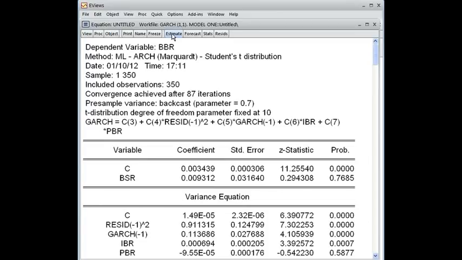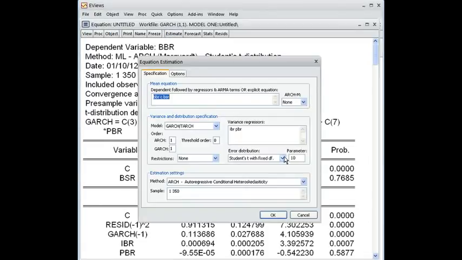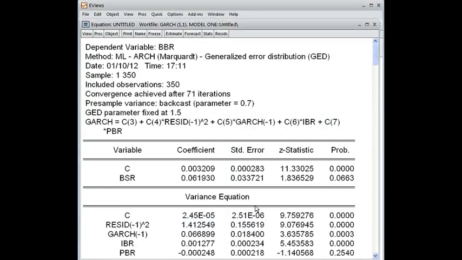Sorry, I made a mistake. I do it again. GED with fixed parameters, right? So this is my model with GED. Other things remain unchanged. I click OK. You see the GED, generalized error distribution.